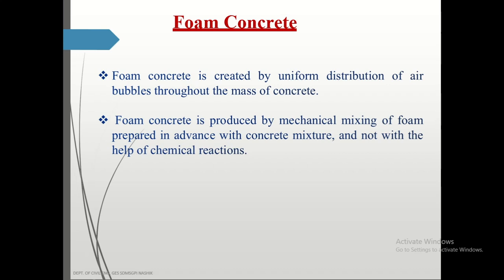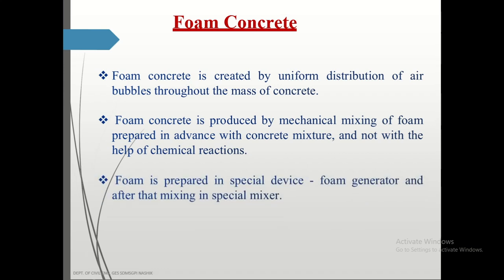In aerated concrete, what did we do? We used chemical reactions to get a cellular structure, to get a lightweight or low density. We needed chemical reactions like aluminum powder and the hydration process. But in foam concrete we don't need any chemical reaction, we just need pure foam, and we can mix it into concrete mechanically.